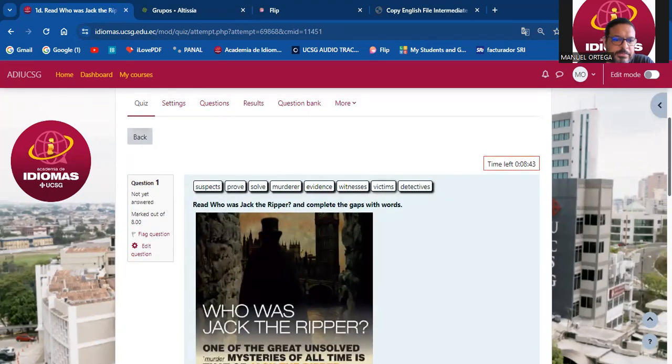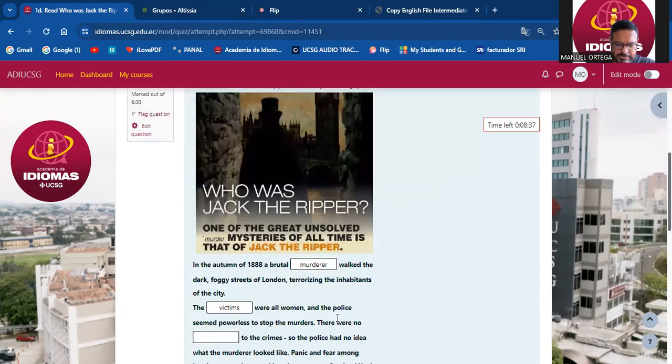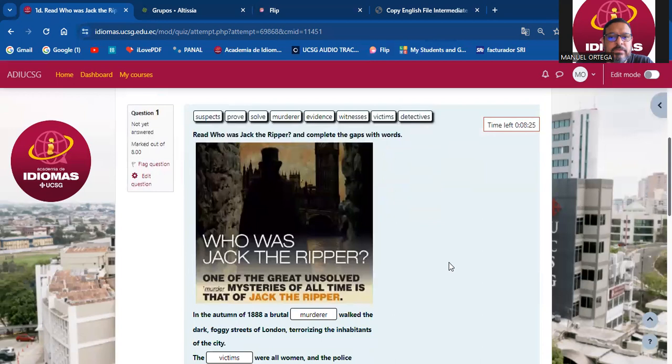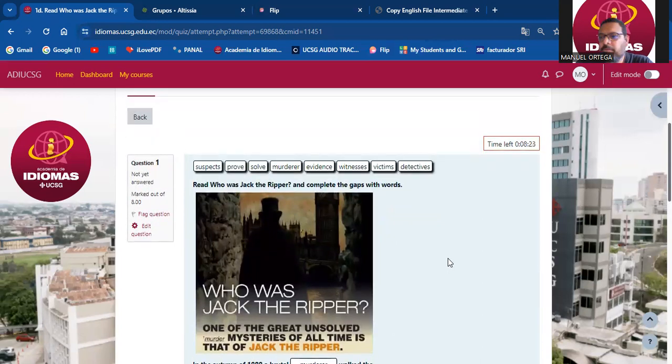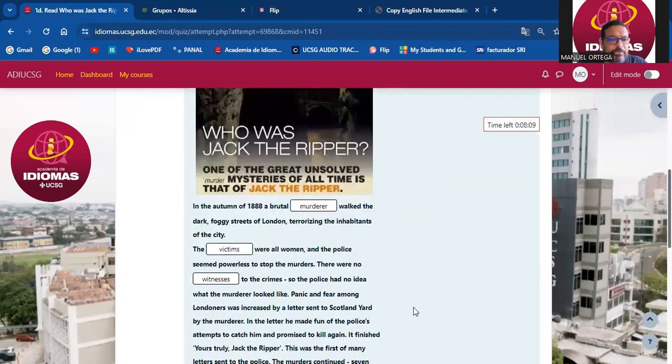The victims. And the police seemed powerless to stop the murders. There were no to the crimes. So there was nobody who saw anything. So what word do you use? Witnesses. Exactly, thank you. So in here, there were no witnesses.